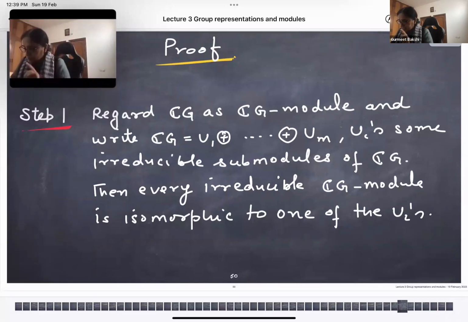Okay, so let's regard CG as a left CG module. And I know that using Maschke's theorem, I can write CG as a direct sum of irreducible CG modules, because I have taken characteristic 0 to be on a very safe side.